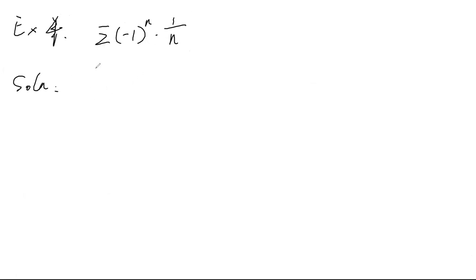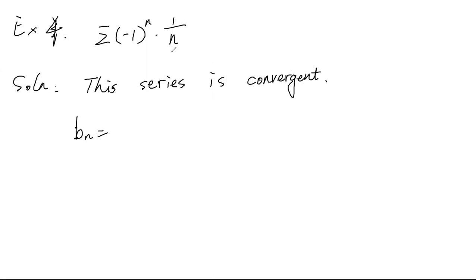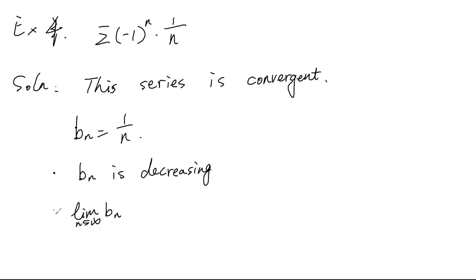This series is convergent, because if we let bn be its absolute value, which is 1 over n, we can show that bn is decreasing, and the limit of bn is equal to 0.